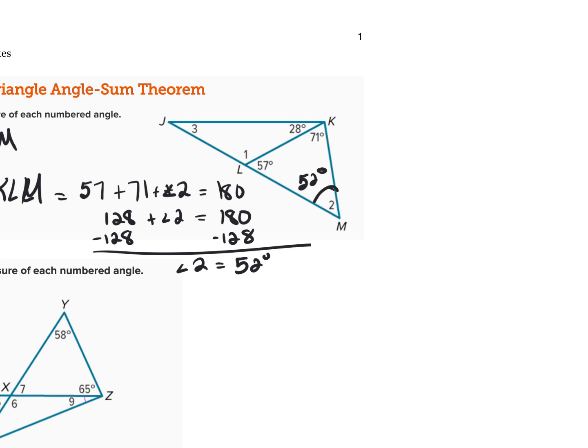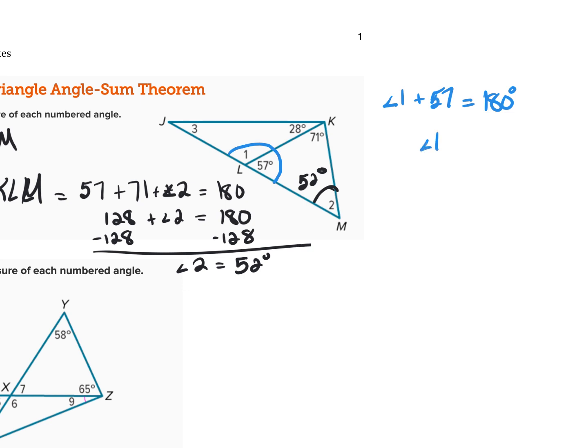There's no relationship between those angles. But what I do notice is that angle 1 and 57, those create a straight line. And again, we've previously learned that a straight line has a total of 180 degrees, or is supplementary.